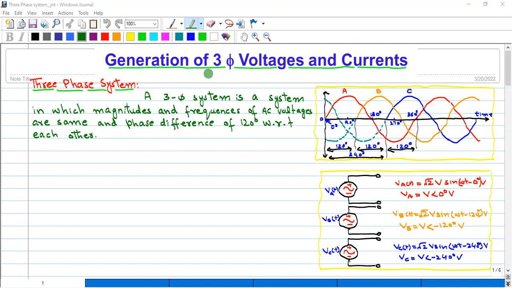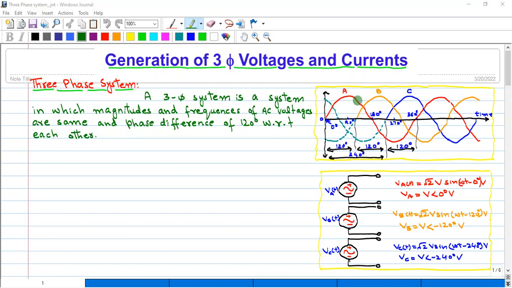In this lecture, we will discuss generation of three-phase voltages and currents. As we have already discussed in the previous lecture, a three-phase system is a system in which magnitudes and frequencies of AC voltages are same and the phase difference is 120 degree with respect to each other.